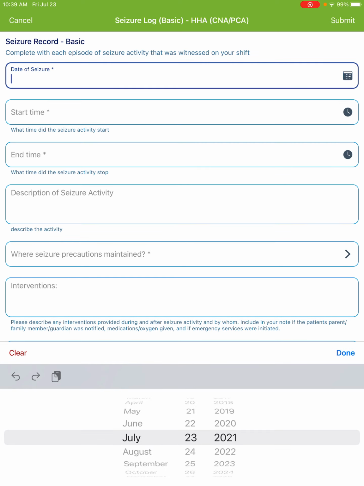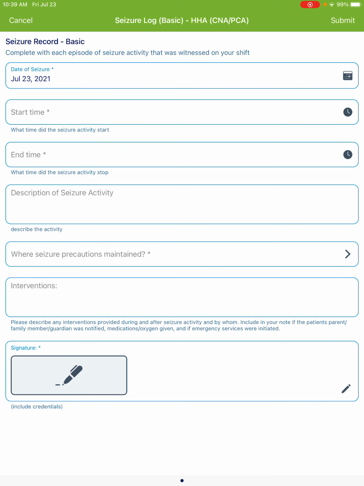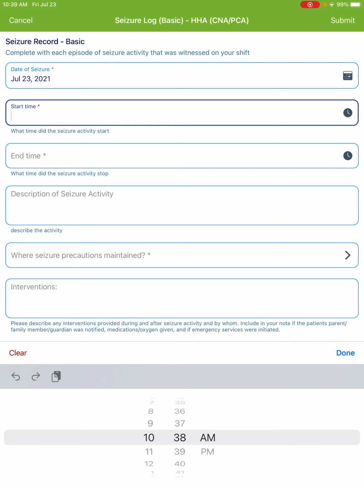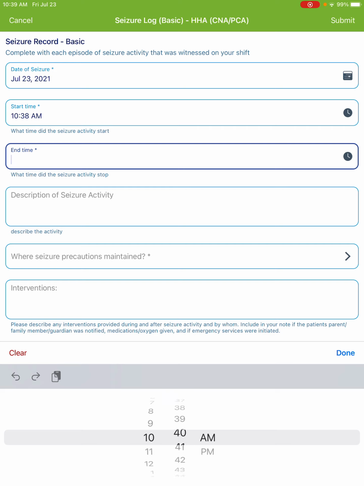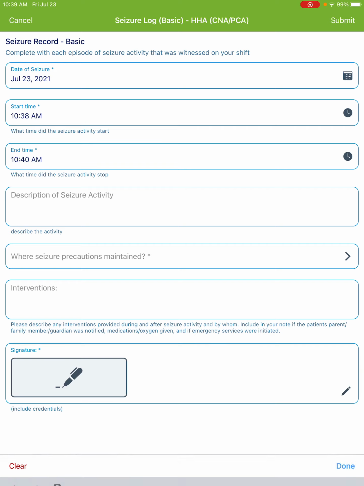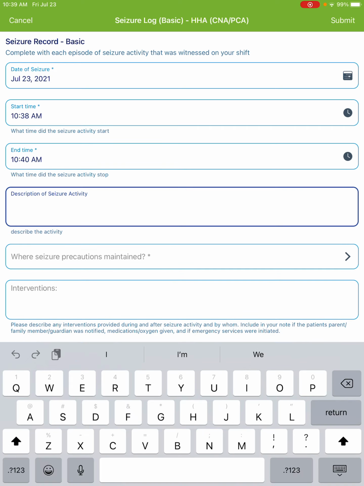Date of seizure, we'll say the patient had one today. We'll say that it started at 10:38 and it went until 10:40. Description of seizure activity.